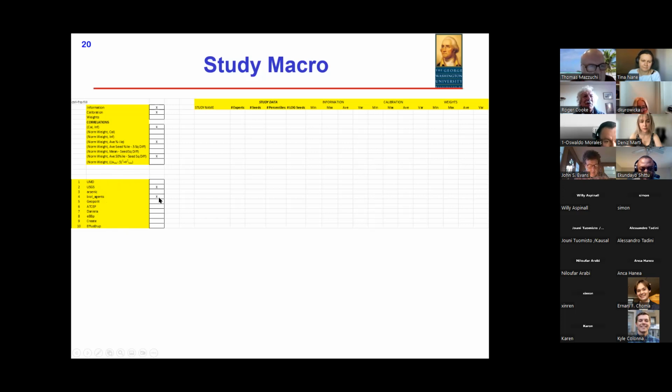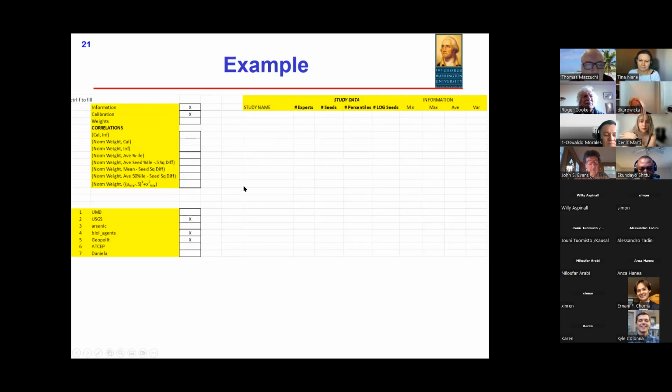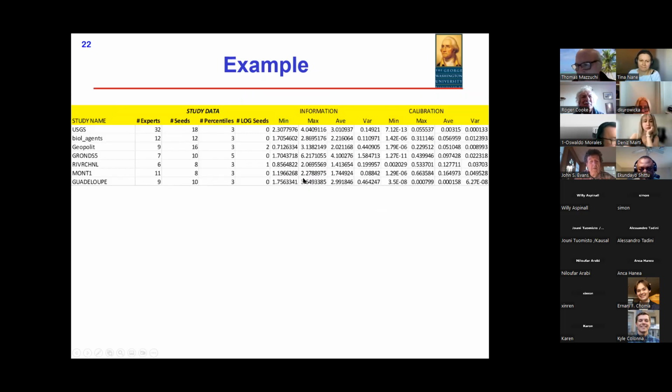And if you put an X by the things that you want and hit go, it'll generate a macro for you. So for example, if I say I really just want the calibration and information for these 3 studies or these 5 studies, I think I had a couple more below, and hit go, it'll pretty quickly generate that table for you. And that way we can do plots on things. We can check subsets of things and how they look compared to other subsets and so forth.